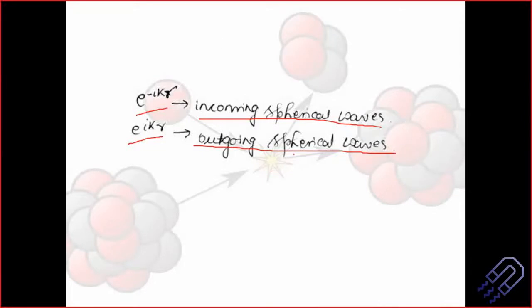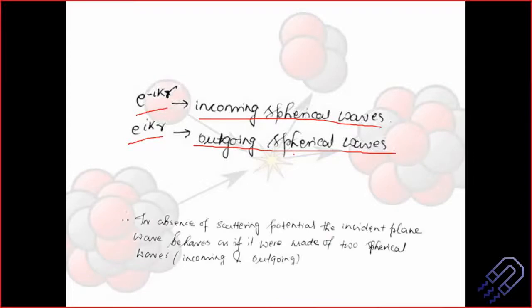Okay, we are going to analyze it further, and this is important and definitely a part of a descriptive question. So please pay attention. If there is no scattering potential, that means there is no V naught, the incident plane wave, from wave theory we remember, will behave as if it were made up of two spherical waves, one incoming and one outgoing.